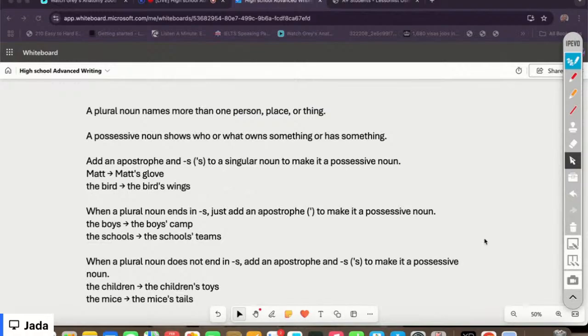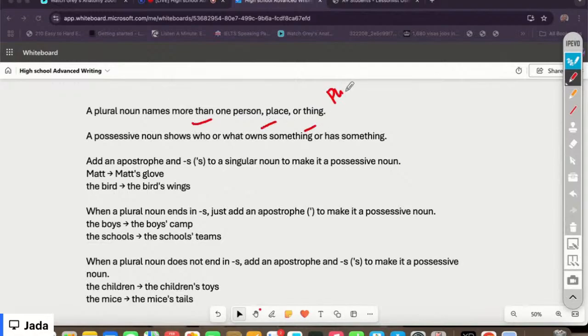All right. So first of all, we need to know what a plural noun means. A plural noun names more than one person, place, or thing.